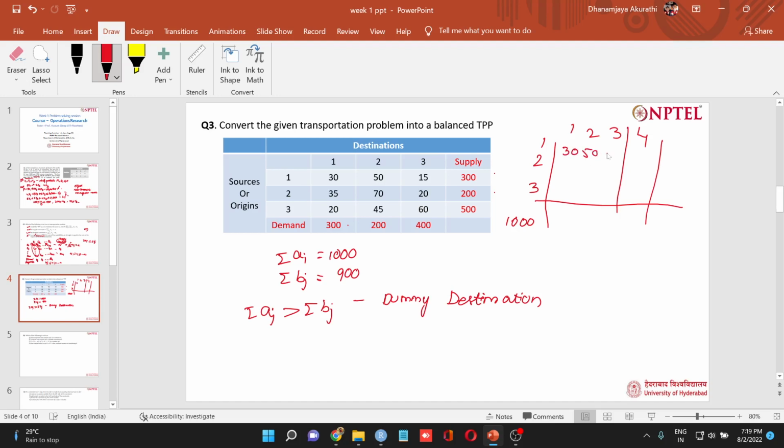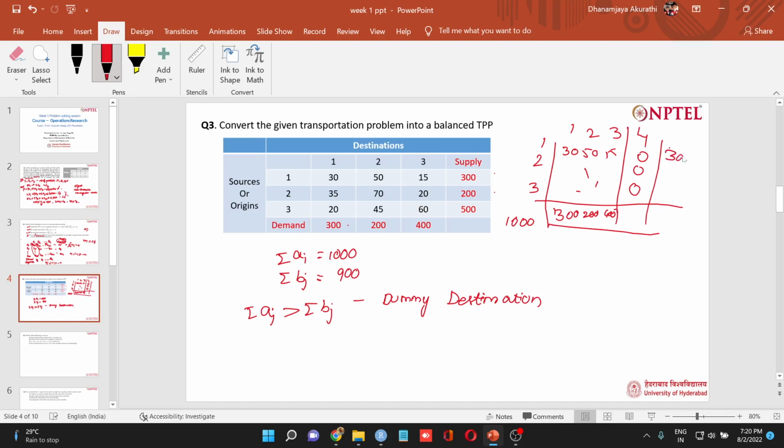Likewise, we can add it for all rows. While adding a destination, we assume the cost coefficient is 0, so we are only equating the demand to the supply.